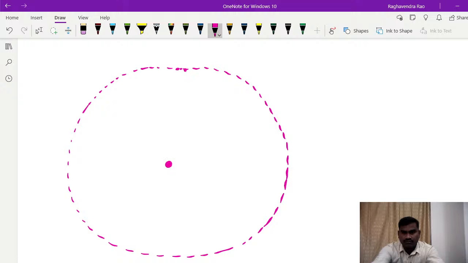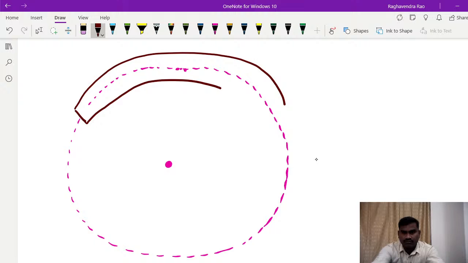Now we have taken a straight bar magnet. This bar magnet is bent in the form of an arc of a circle. For example, this is the south pole and this is the north pole.